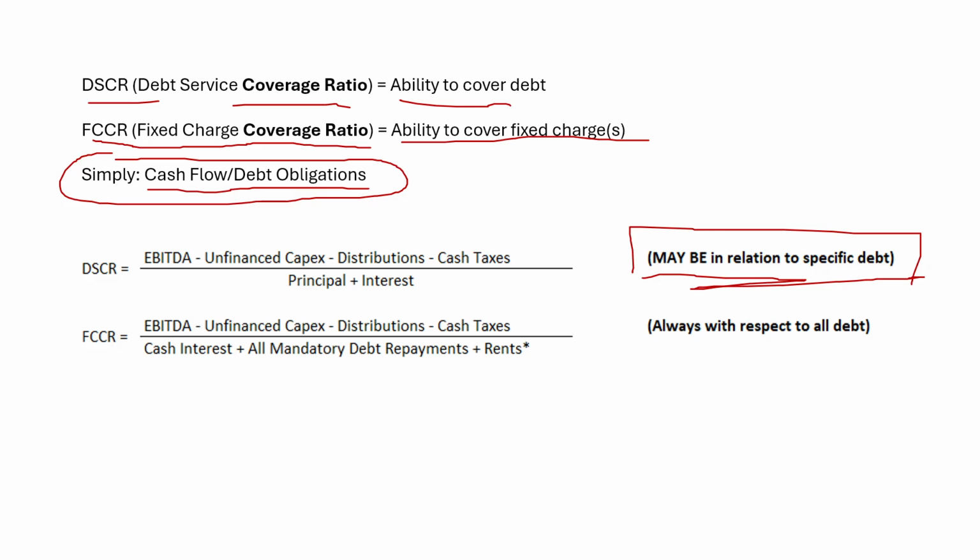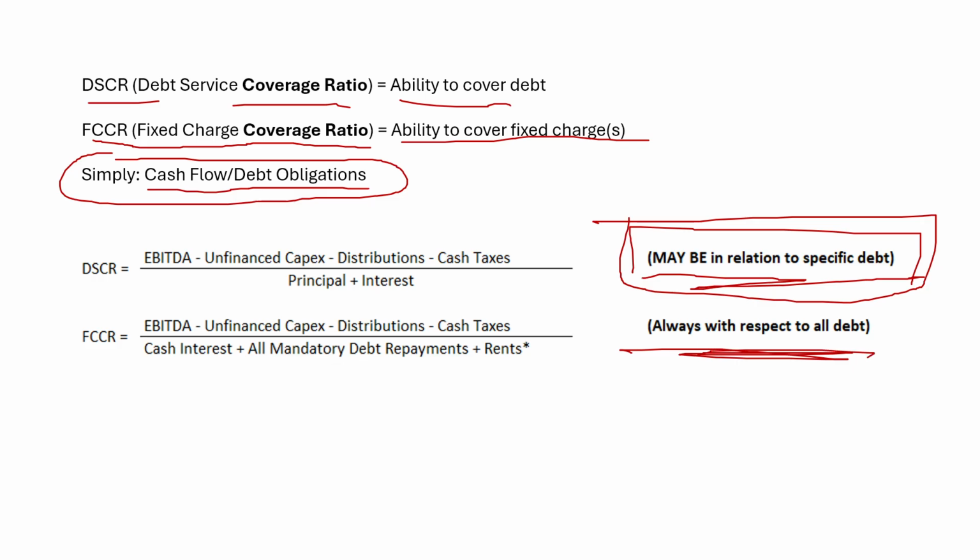Lease payments are not always classified as debt, but they have to pay it every year. So that is not really debt. It won't be counted in the debt service usually, but it will be included in FCCR.